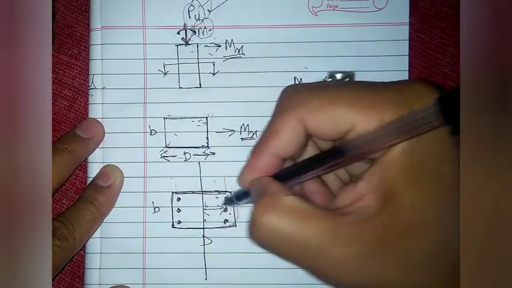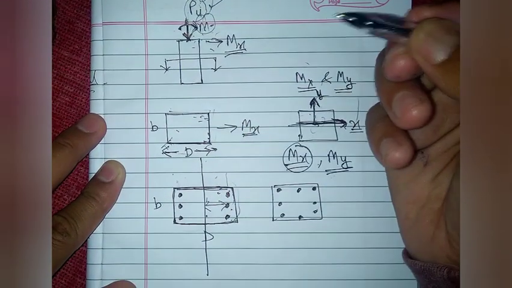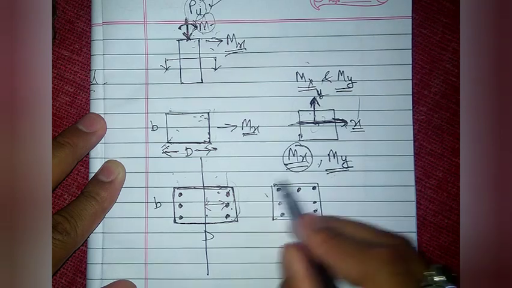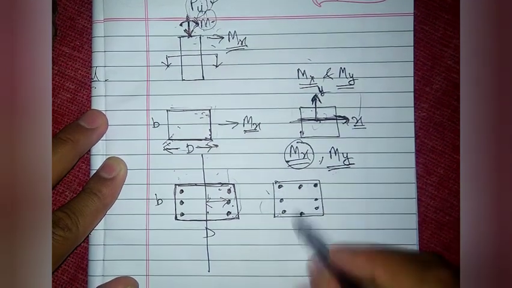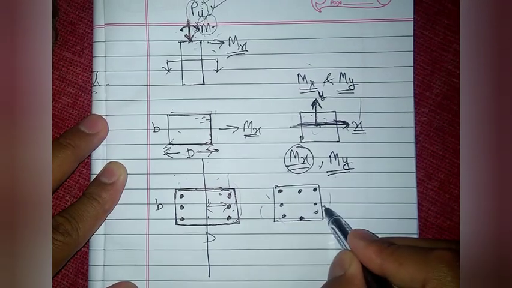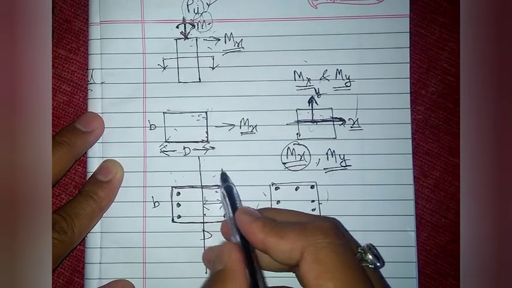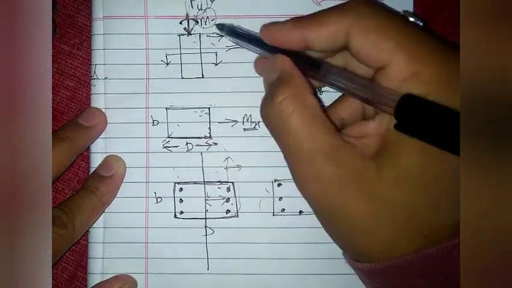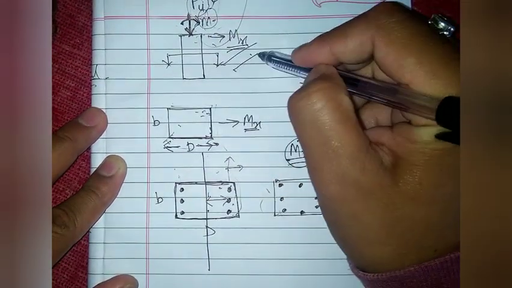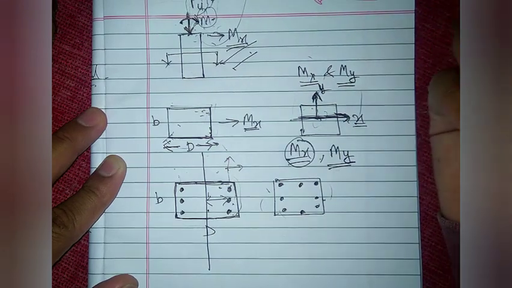This is in the case of uniaxial bending only. But if it is a case of biaxial bending, with bending in both directions, x as well as y, then we can provide the reinforcement in this manner. Here we are discussing the case of uniaxial bending.